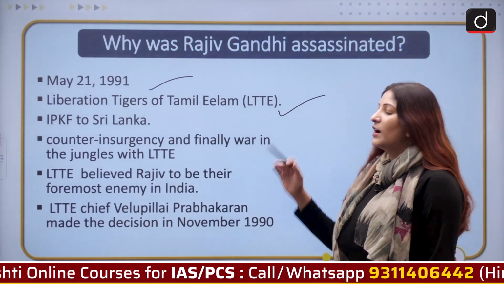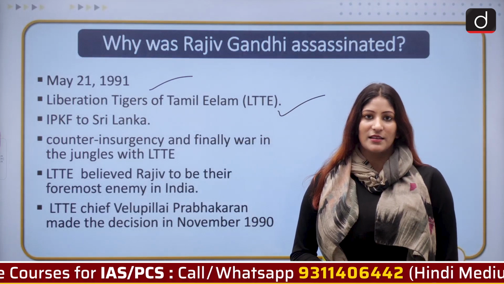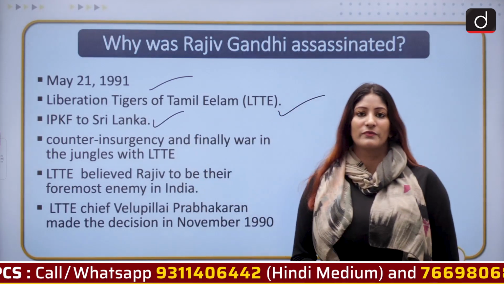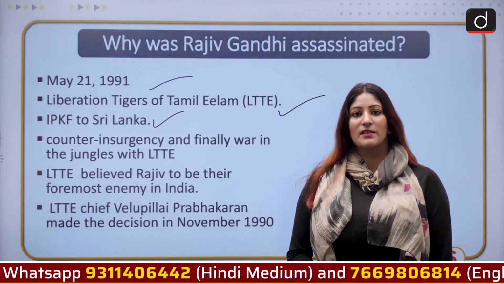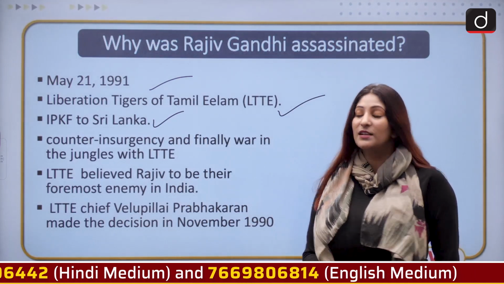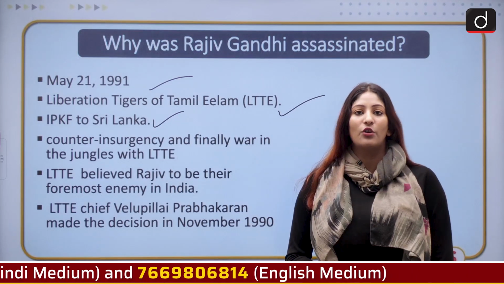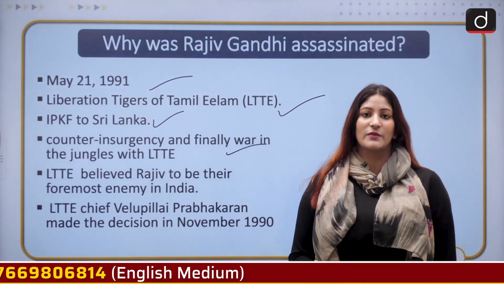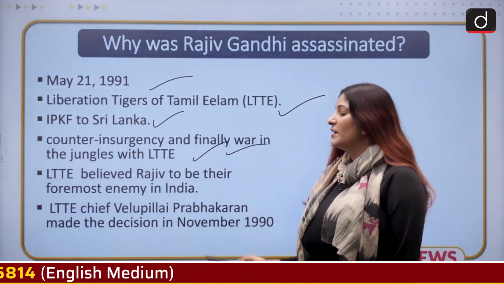Now, Rajiv Gandhi, in order to restore balance in Sri Lanka, sent the Indian Peacekeeping Force to Sri Lanka. The Indian Peacekeeping Force initially had the role of assisting the government of Sri Lanka, but the entire nature of their operation evolved to counter-insurgency and finally a war in the jungles, irritating the LTTE.